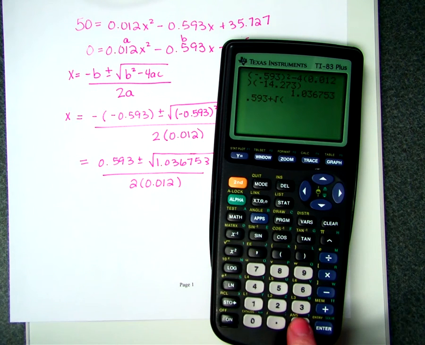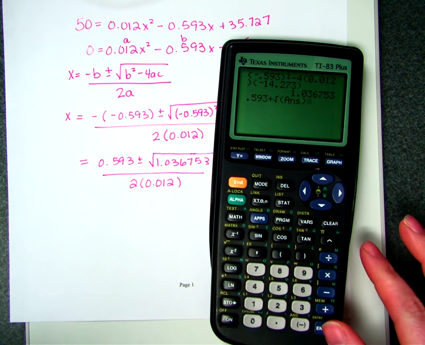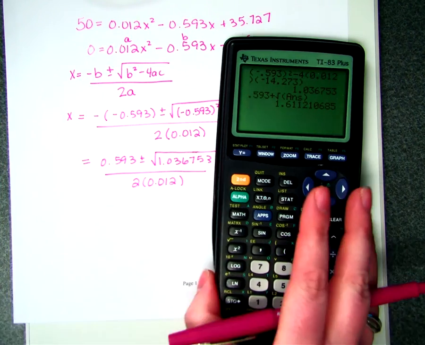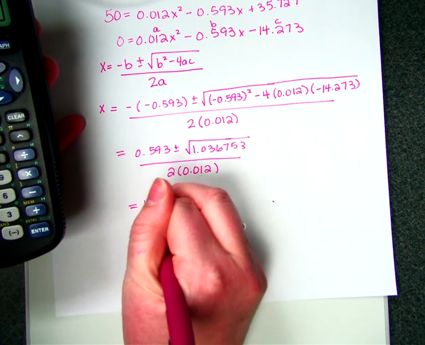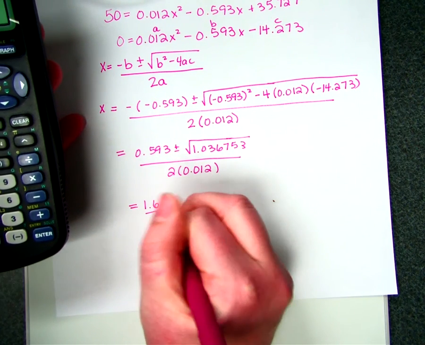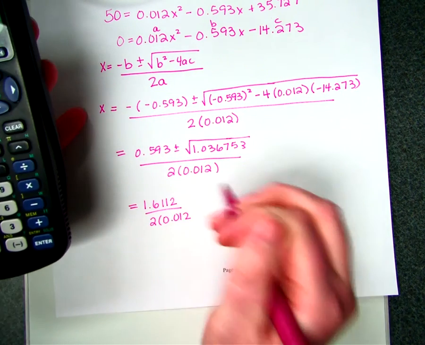If you do second and the negative sign, it'll bring back up the last thing you got as an answer in your calculator. If you hit enter, this is the value we get, and that's just for the numerator, with the plus sign. We'll get 1.6112 over 2 times 0.012.